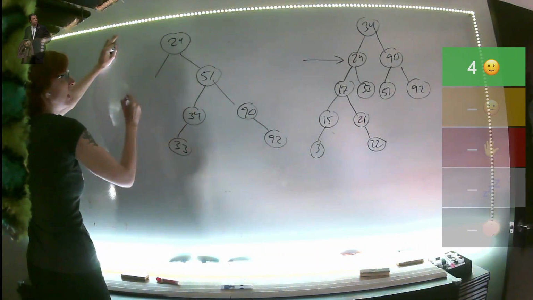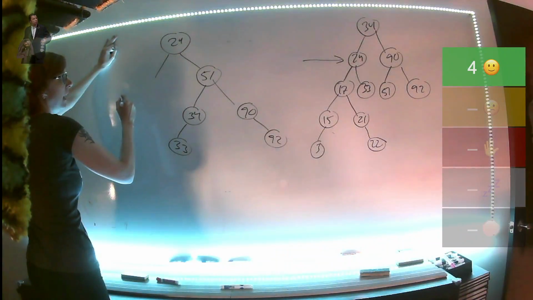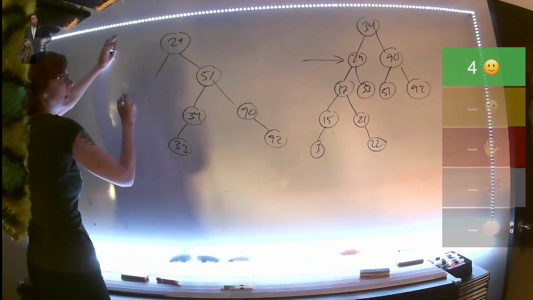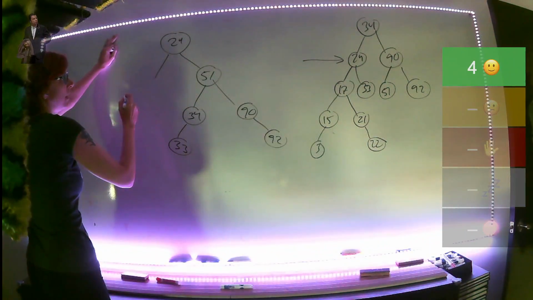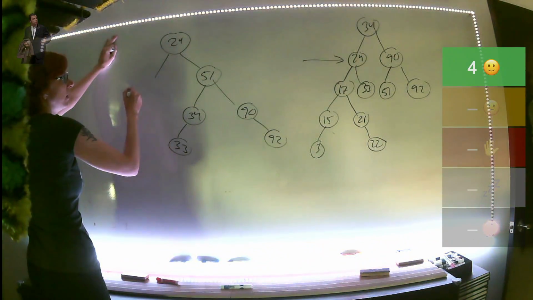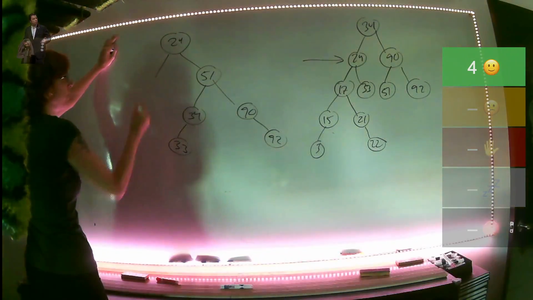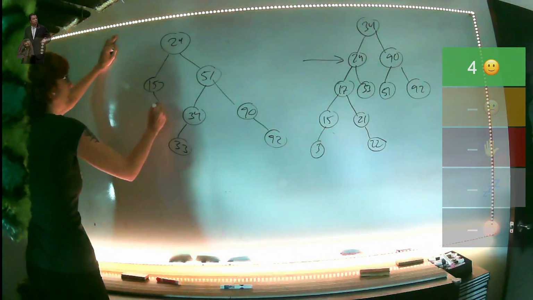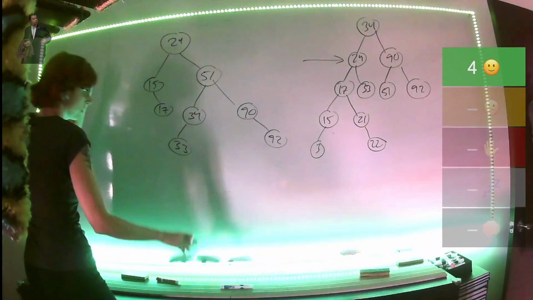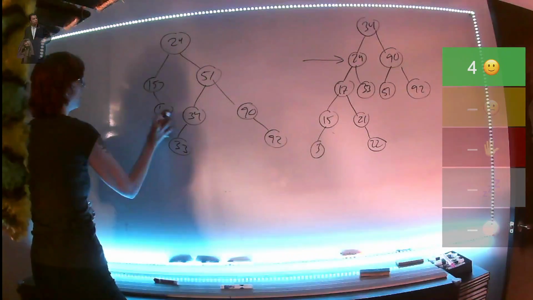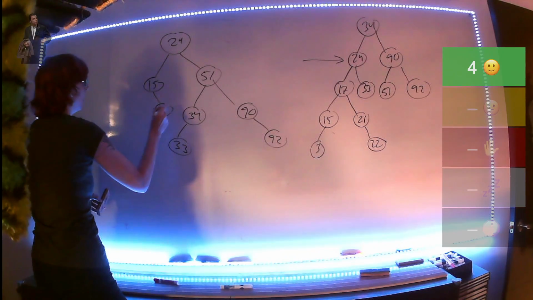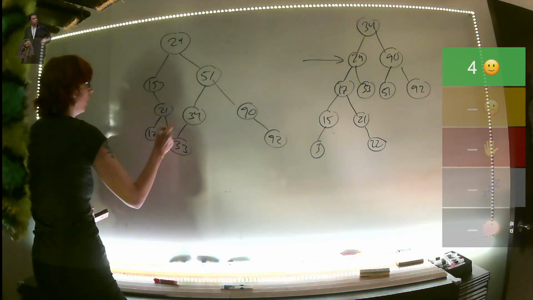Then here I could have a, what's a good choice? With these numbers, there really isn't going to be a very good choice. Let's put 15 here, 17 here, no, actually 21 here. So I could put the 17 to the smaller, 22 to the larger, and the 3 here.